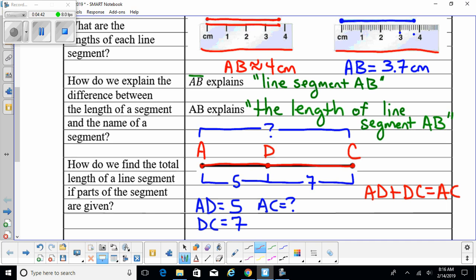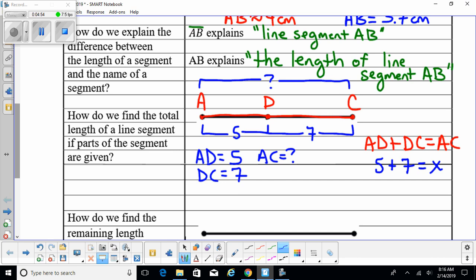I'm going to now substitute the information I was given. AD is 5, DC is 7, AC we don't know, so we'll call it an X because we like the X variable. And when I add 7 and 5, I get 12. So my x is 12, or more importantly, my AC is equal to 12.